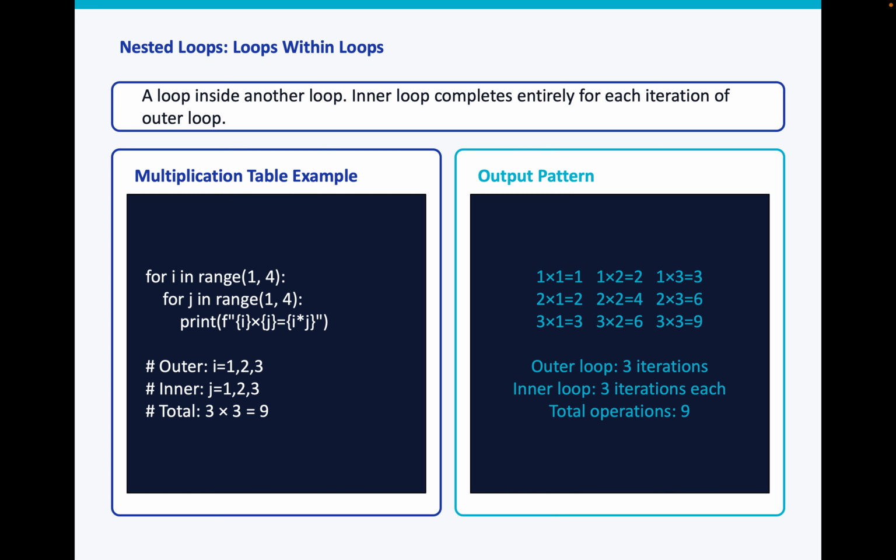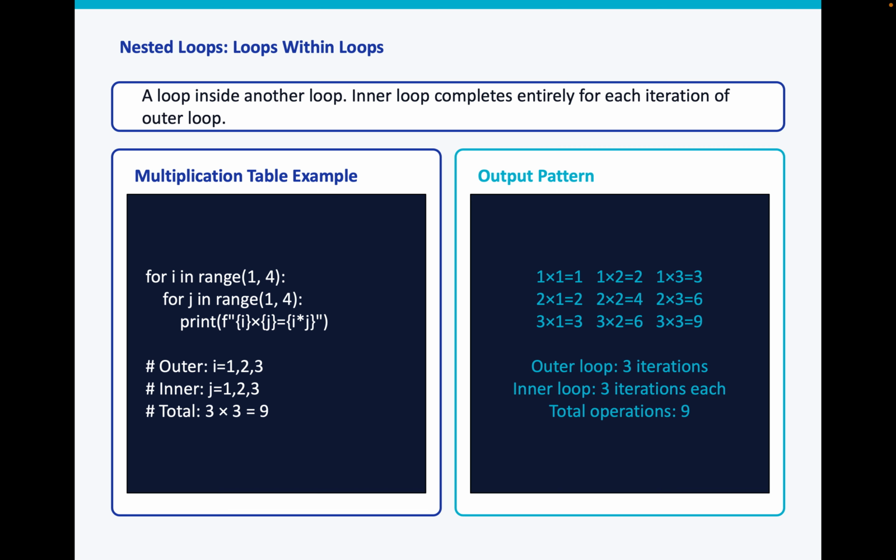Here in this example, for i in range(1, 4), for j in range(1, 4), print the multiplication of i and j. That is our task. What happens is the outer loop runs with i equal to 1, 2, 3, and the inner loop, that is j, is also 1, 2, 3. But for each value of i, the inner loop first runs completely, and only then does the next outer loop value come.